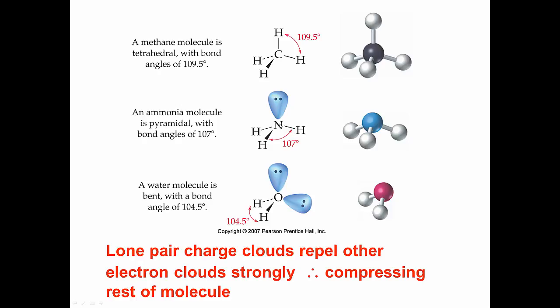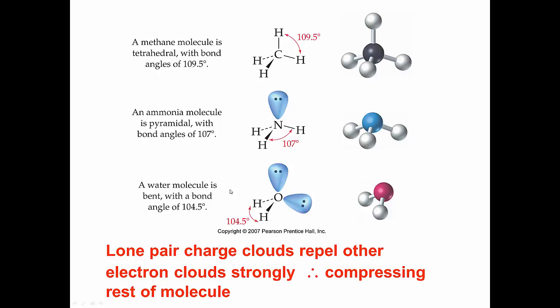And the reason why is because, remember, the electrons in the nitrogen-hydrogen bonds are under the influence of two nuclei, the hydrogen and the nitrogen. The lone pair is only under the influence of the one nucleus, the nitrogen. So you can think of this compressing these bonds.